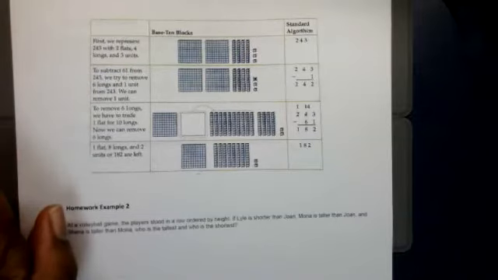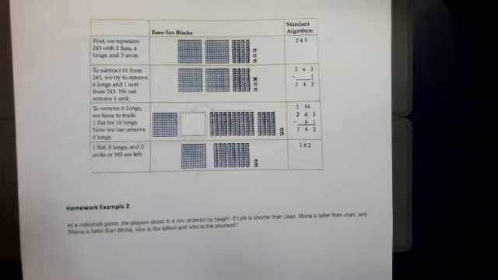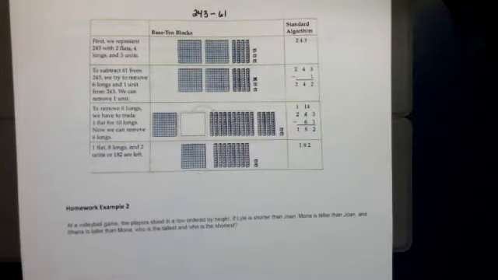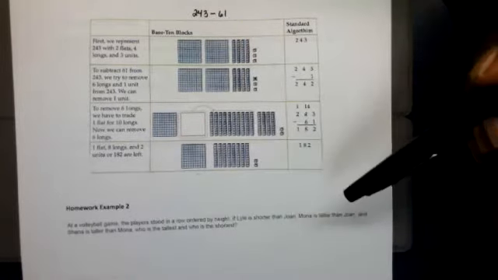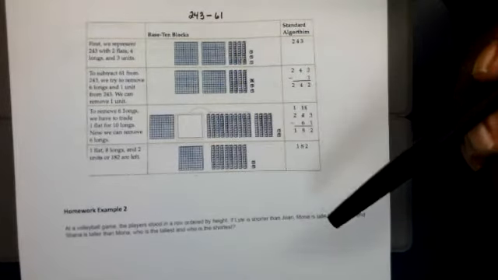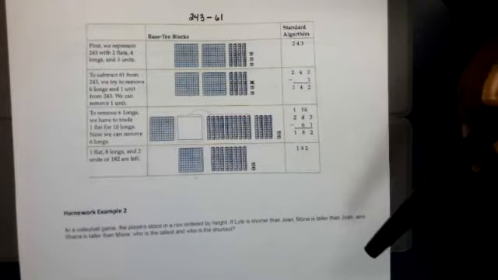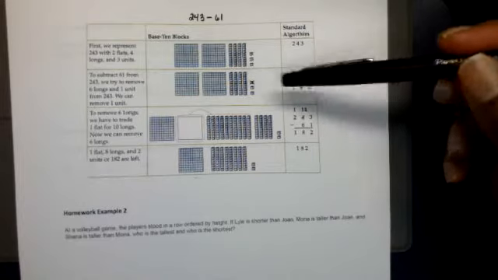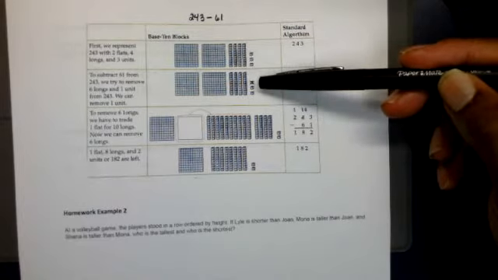Now to subtract 61 from 243, we're going to try to remove 6 longs and 1 unit from 243. And here we can remove 1 unit.